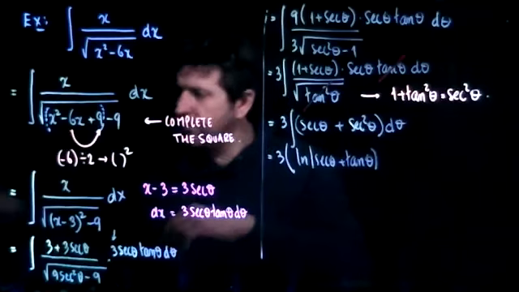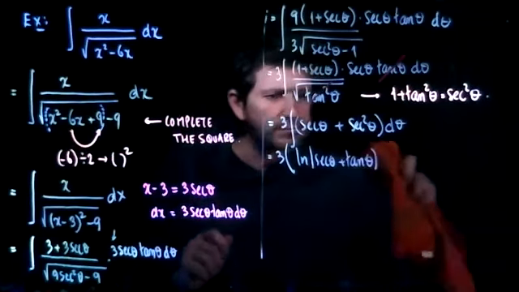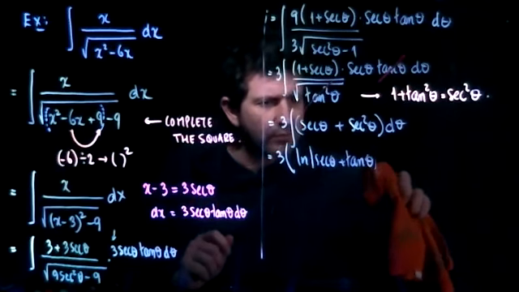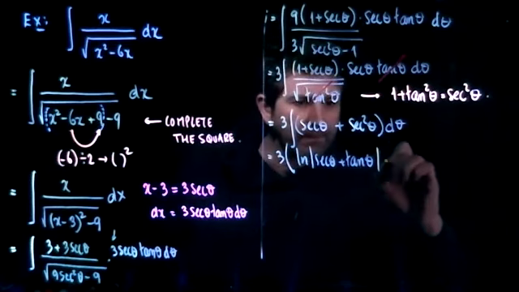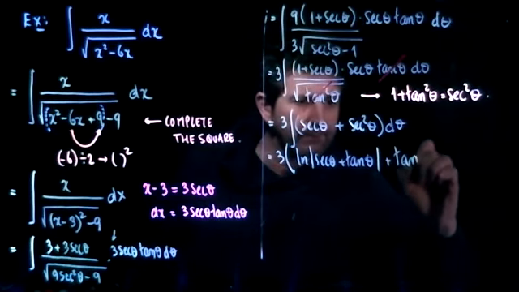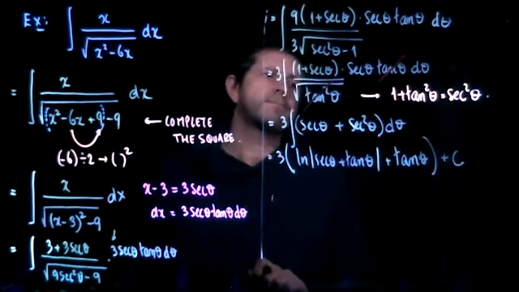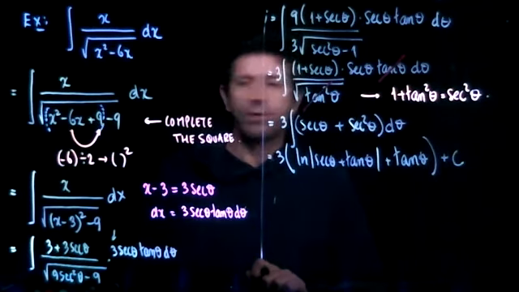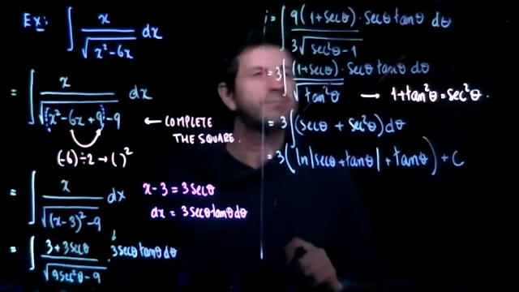And the antiderivative of secant squared is tangent. Okay, so the integrating part is done. We just finished integrating.